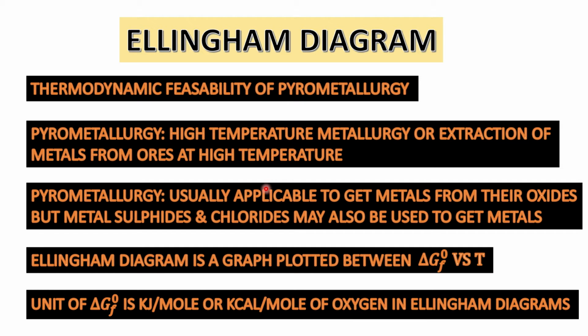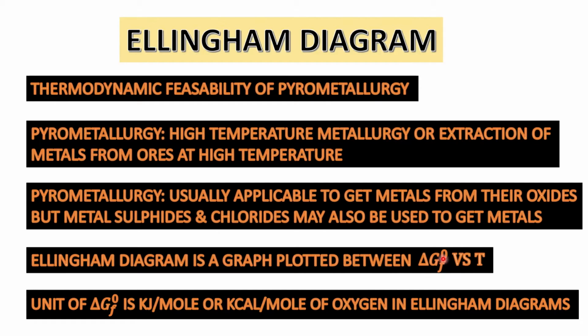So this is the third point, and I have covered the second point. Now this is your fourth point. The Ellingham diagram is a graph plotted between the standard delta G of formation versus temperature. That means the standard Gibbs energy of formation of your metal oxide.